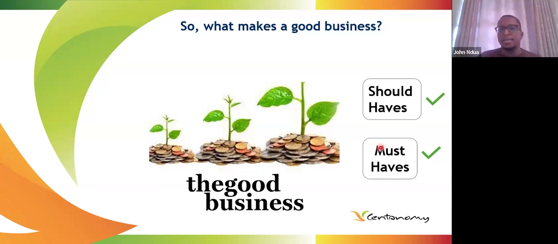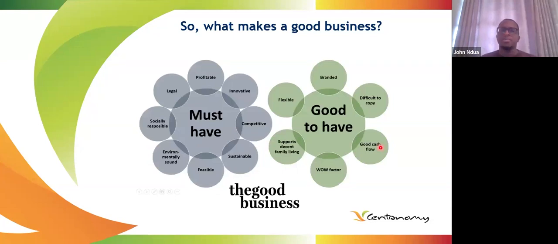I have compiled a list of several aspects that you need to look at for companies, based on must-haves and also should-haves. In must-haves, you need things like profitability, innovation, competition, and legal: are they up to date with the regulations or are they unregulated? Socially responsible and environmentally sound.